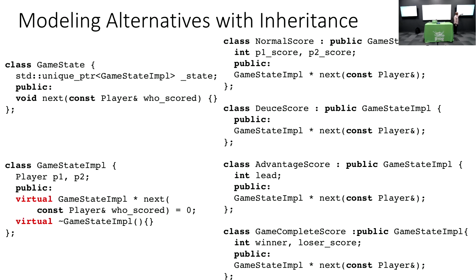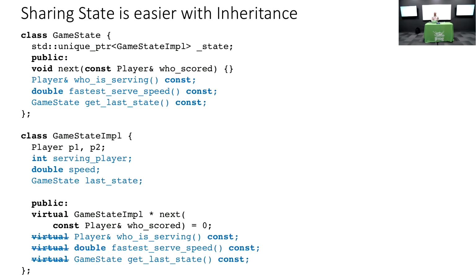Note that the state shared in the player P1 P2 state is only in game state impl, which all the concrete classes can inherit, and anything that is missing can be added in individual classes. So sharing state becomes much easier with inheritance, I think. Let's imagine we want to answer questions that are common to all game states. For instance, who is serving?